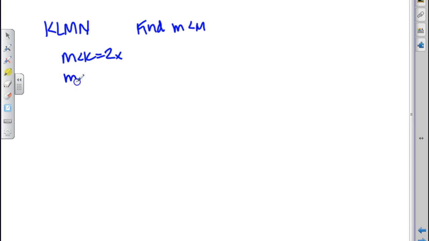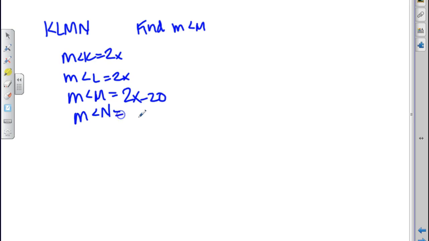Let's say we have quadrilateral KLMN, and I want you to find the measure of angle M if the measure of angle K is 2x, the measure of angle L is 2x, the measure of angle M is 2x minus 20, and the measure of angle N is 3x plus 20.